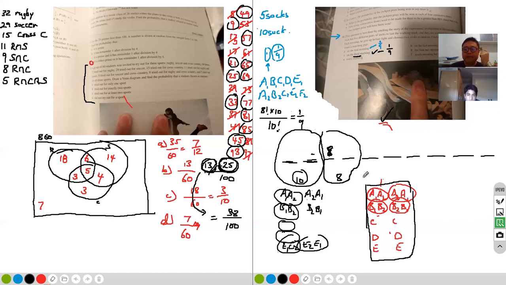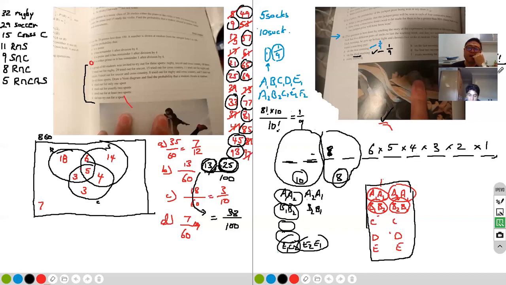And then how many cards are left over after that? 6. So those 6 cards, it really doesn't matter how we arrange them. So we've got 6, 5, 4, 3, 2, 1. So the answer for this question would be 10 times 8 times 6 factorial over 10 factorial.